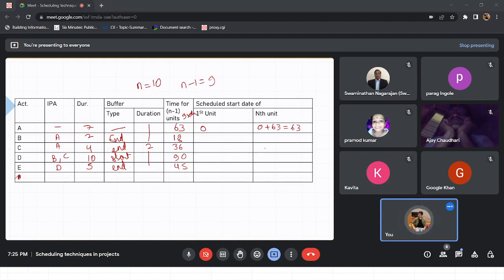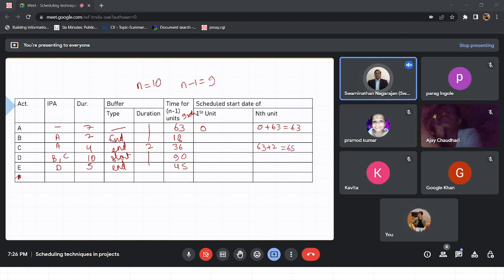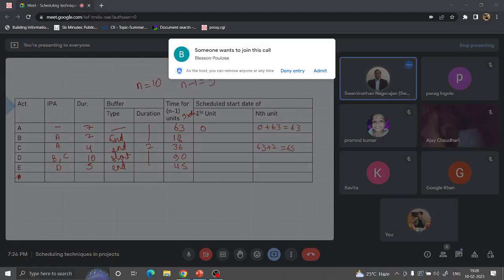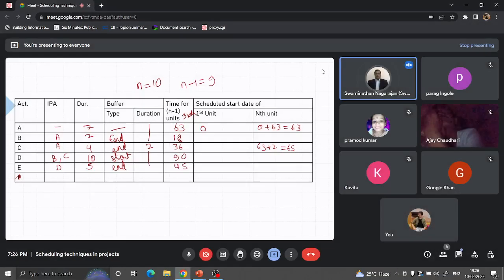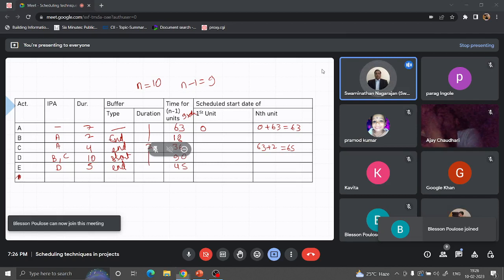Ignoring B for now. Coming to C, when can C start? We know that it is n-type buffer. So if nth unit of A starts on 63 plus 2 for the buffer, that is when the nth unit of C can start. Right? Any question here? Do we have to add the duration of A there?